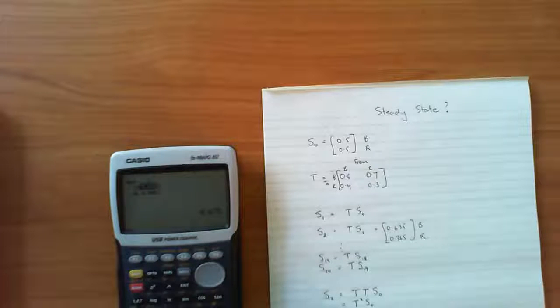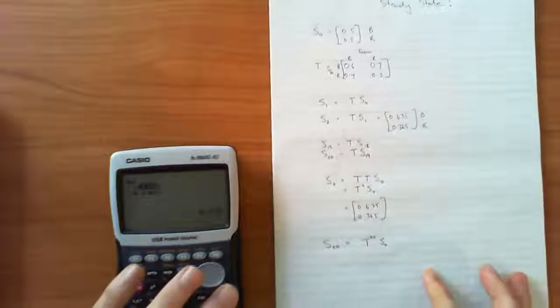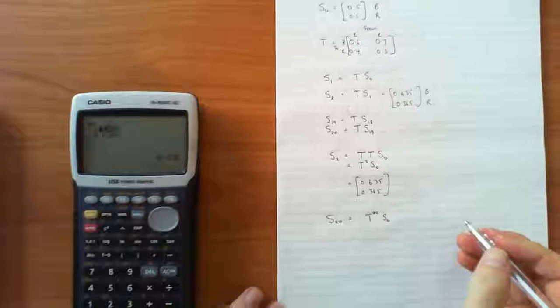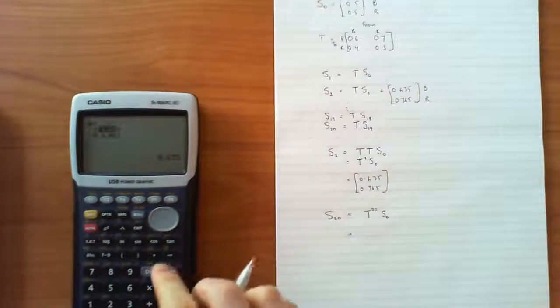How would we go straight to S20 from S0? Well, really, to get to S20, we've got to have the transition matrix operating 20 times. 20 different transitions.